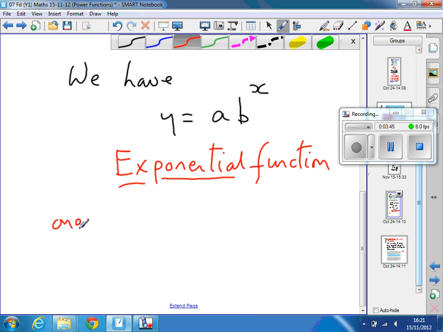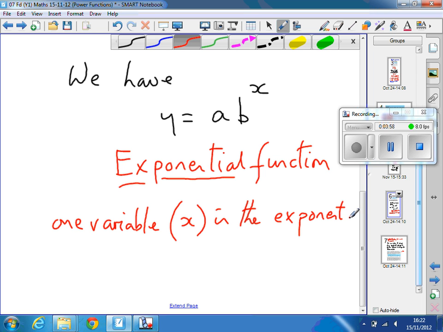One variable, x, is in the exponent, the power, the index. That makes it an exponential function.